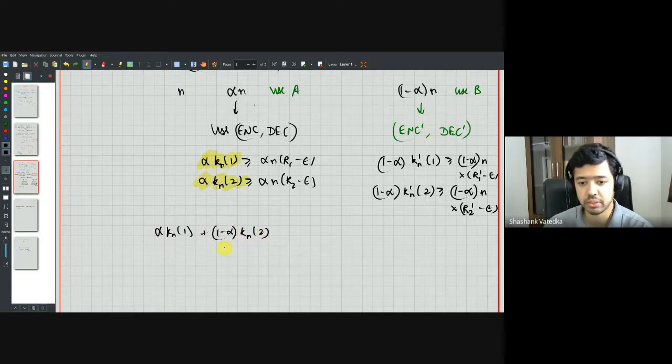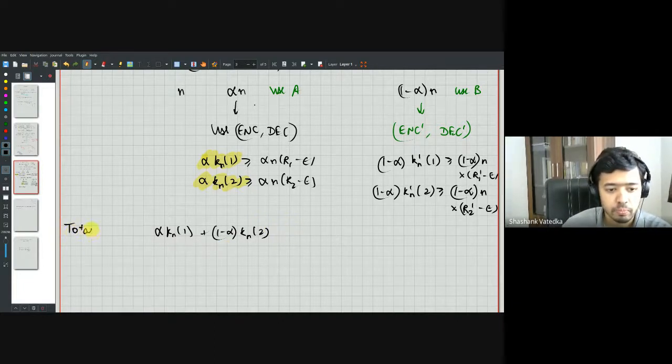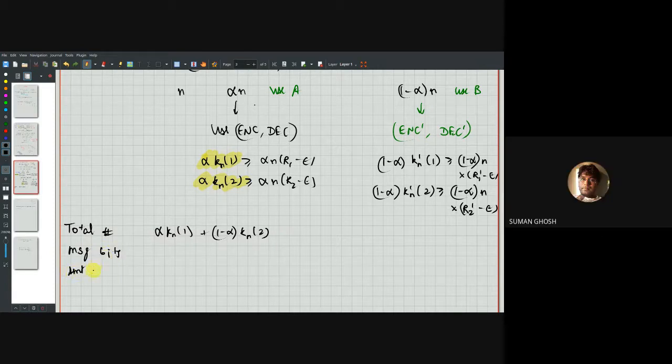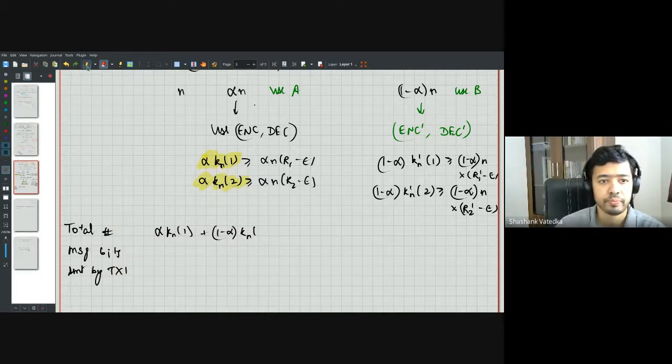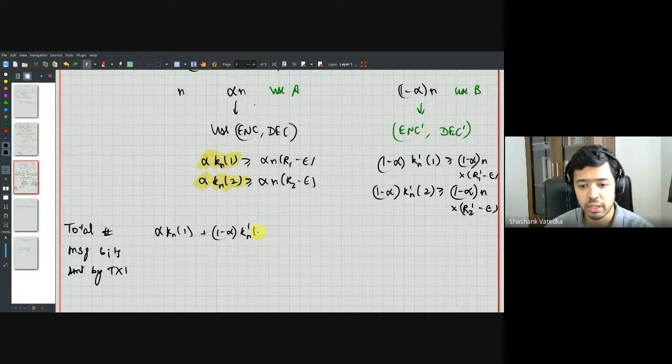This is the total number of message bits that transmitter 1 is sending, which is at least n times (alpha R1 plus (1 minus alpha) R1' minus epsilon).